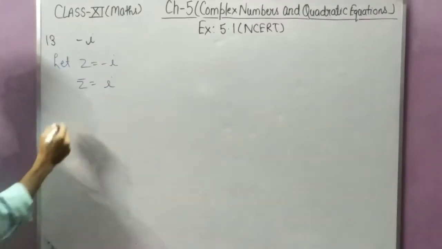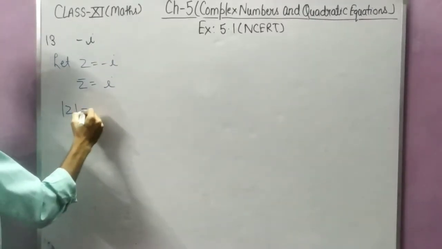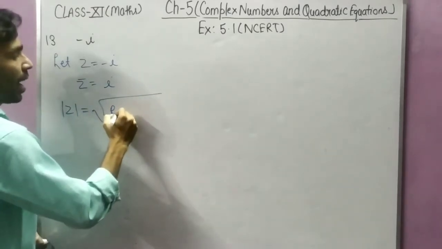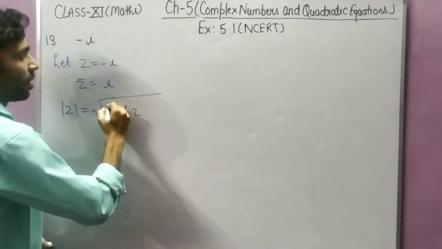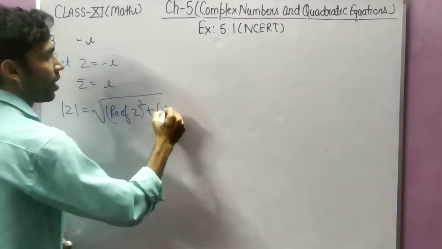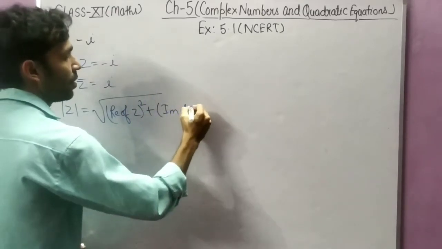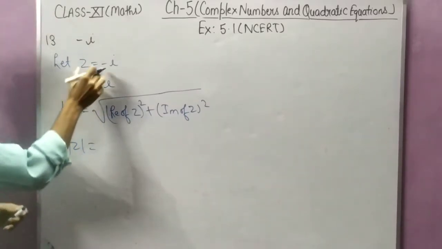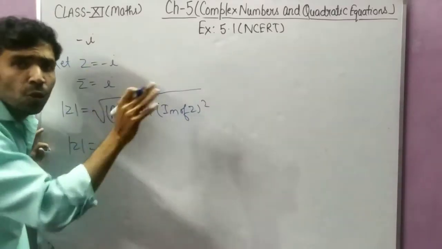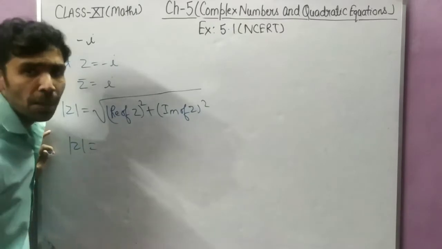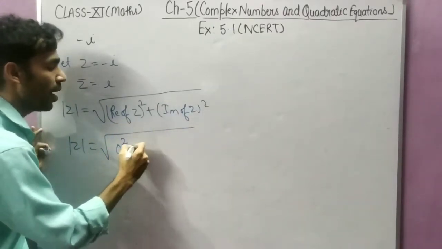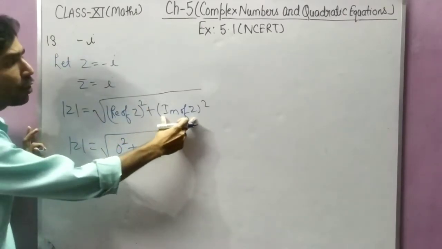Okay. What will be the mod of z? Mod of z is equal to under root real part of z squared plus imaginary part of z squared. Okay. Now students see, in this z there is no real part. So if there is no real part, it means real part of z will be what? 0. So 0 squared plus imaginary part of z.